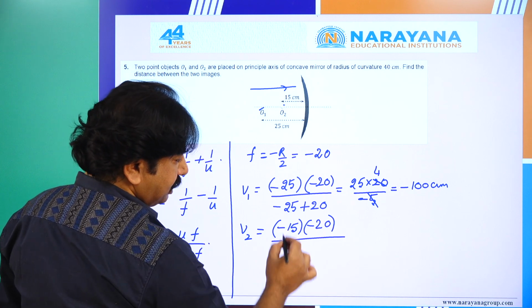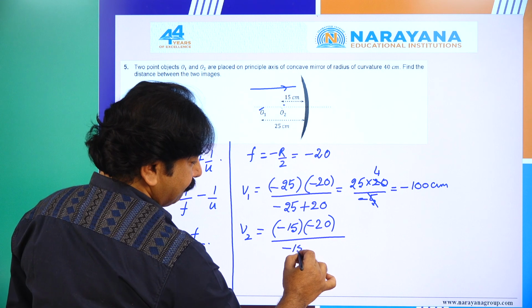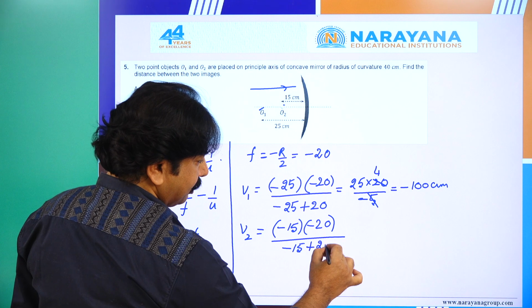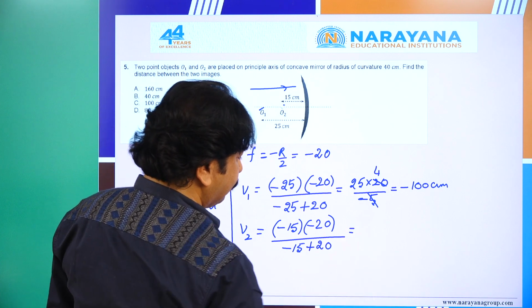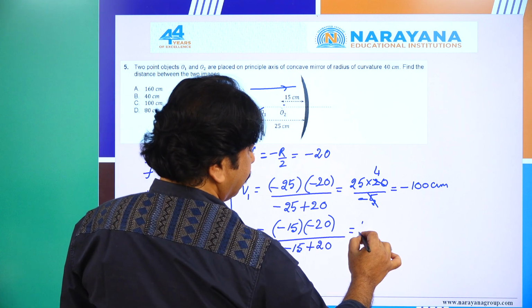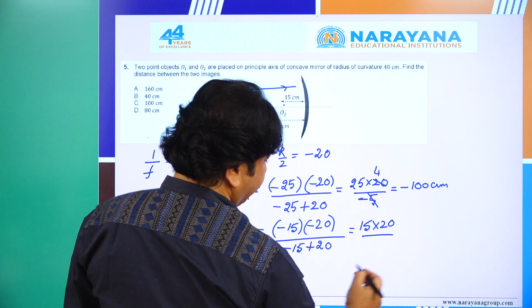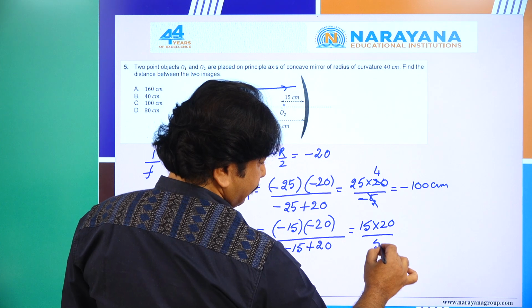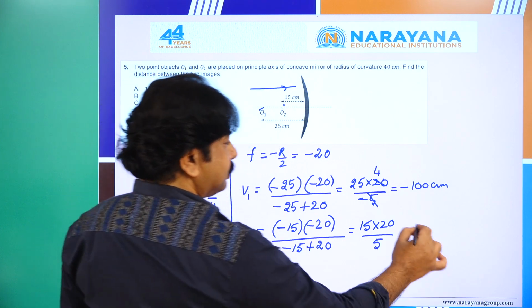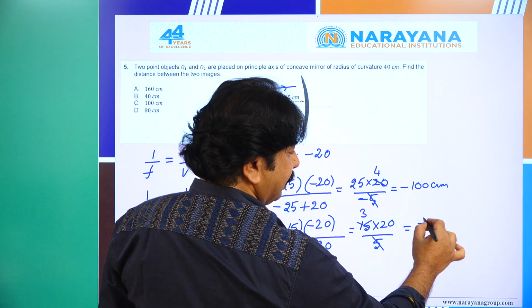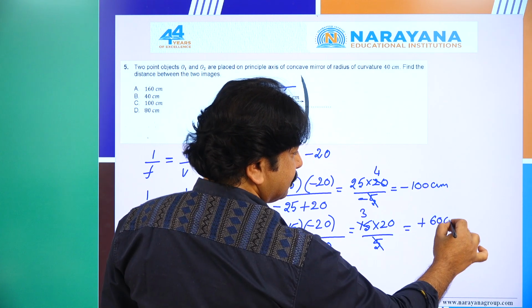By this is equal to minus of 15 minus of minus plus 20 only. Total v is equal to, here also you can write 15 into 20 by plus 5 only. So this is 3 times, we are getting plus 60 centimeters only.